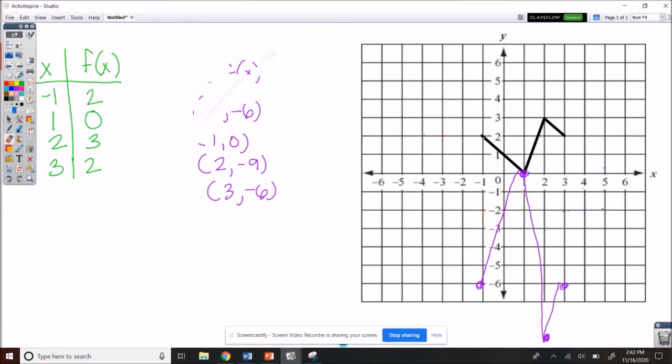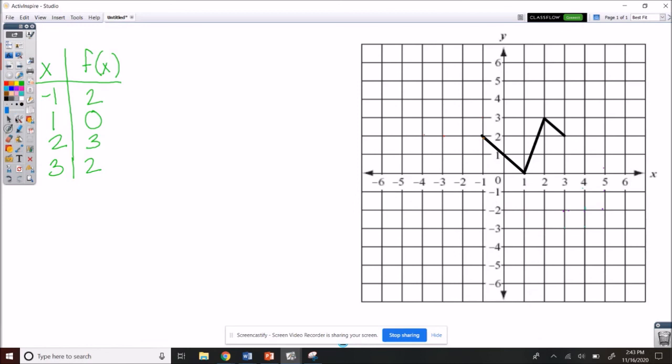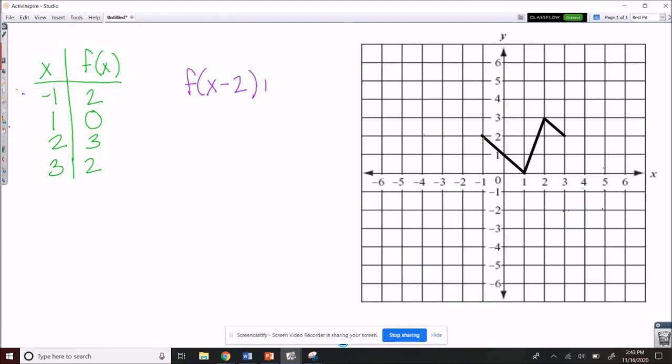Okay, let's see some movement, left or right, and up and down, so we can see what that looks like when we put it together. Okay, so let's say we have f of x minus 2, plus 1. So this means we're going to move right 2 and up 1.